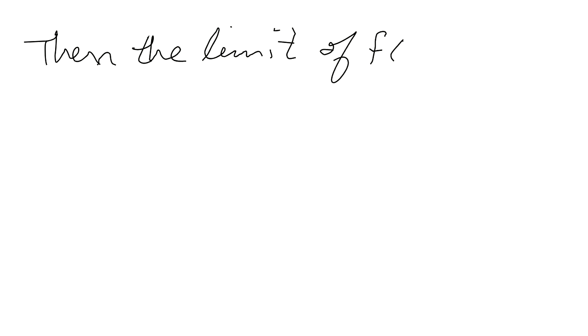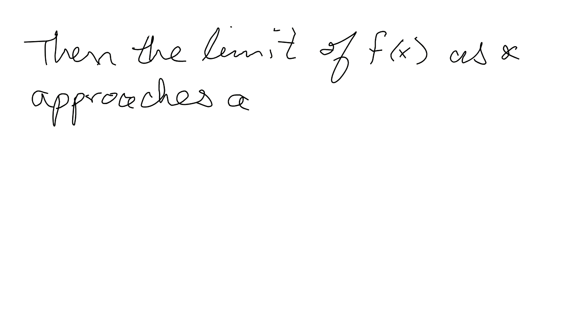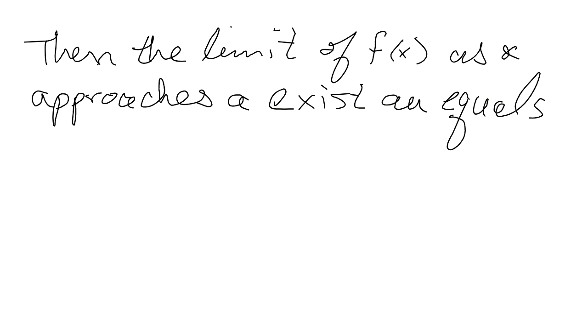Then the limit of f of x as x approaches a, remember that's from both sides if I don't restrict it to one side, is going to exist and equal L, which is my limit, the height I approach, if and only if.